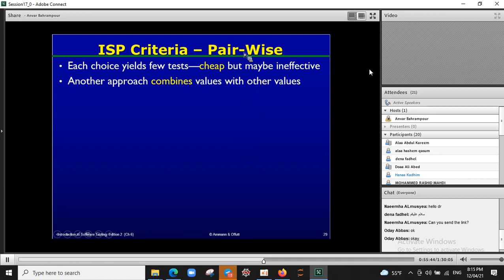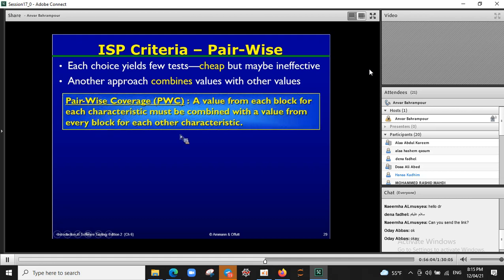Each block could be combined with all other blocks. This is pairwise. We define the pairwise coverage criterion as PWC: a value from each block for each characteristic must be combined with a value from every block for each other characteristic. What do we mean?